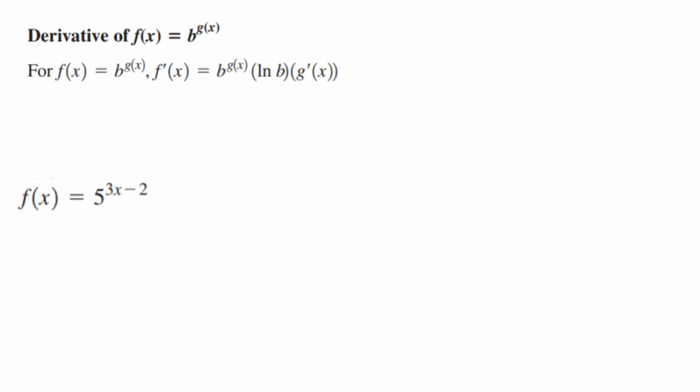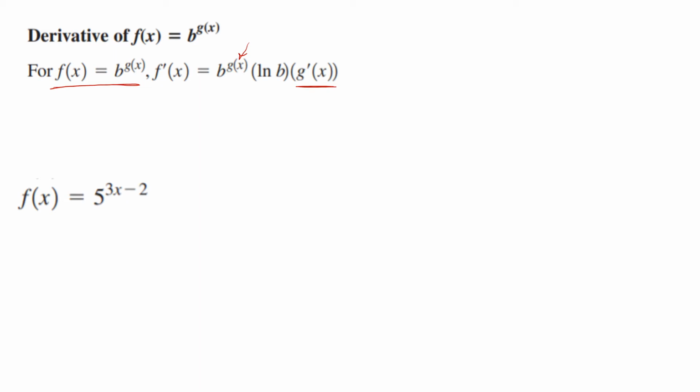So let's say it's not given as a simple b to the power of x. Now what if you had g(x) in the place of x? Then just like the exponential function y equals e to the power of x, we keep g(x) as the power of b, but instead take its derivative and multiply it.